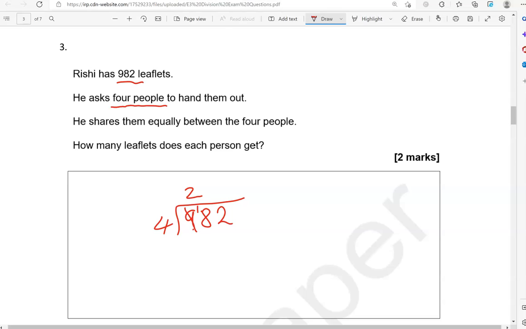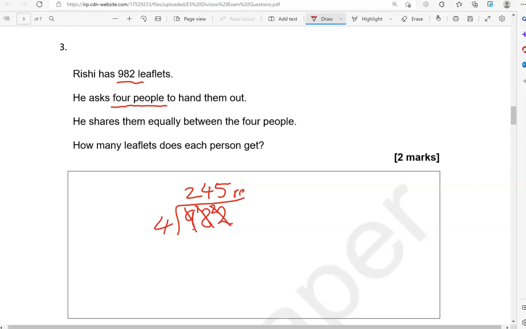How many 4s into 18? That is 4, because 4 times 4 is 16. So 18 take away 16 gives us 2. How many 4s into 22? That is 5, because 4 times 5 is 20.